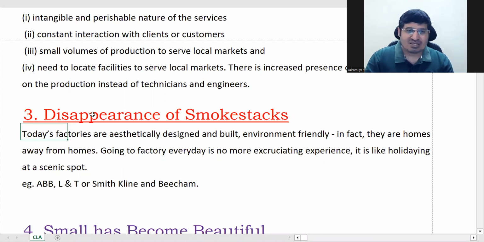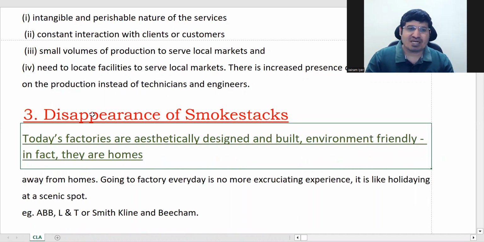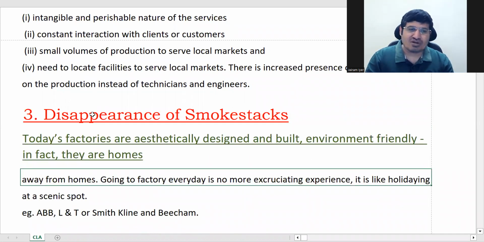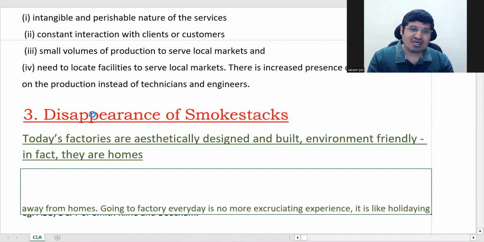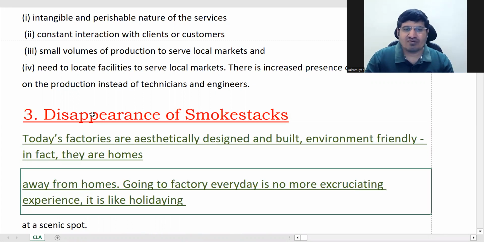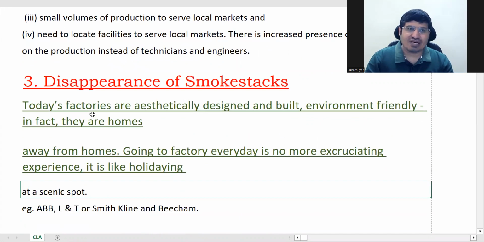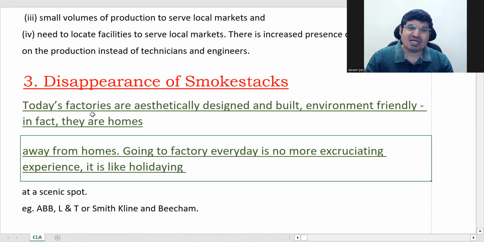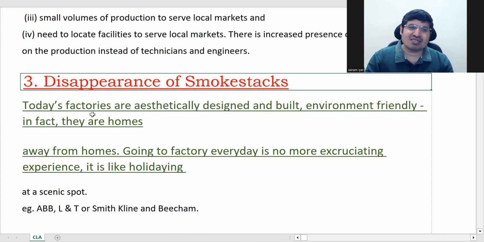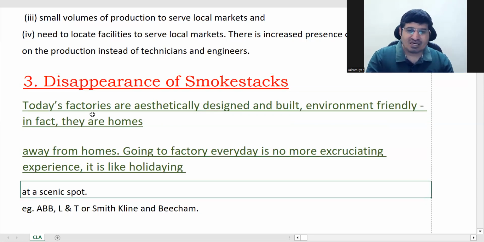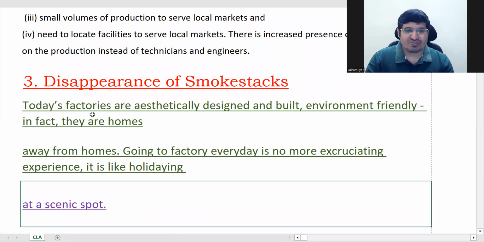They are aesthetically built, very nicely built. It's like a picnic spot. This is all just to attract more and more employees, and they also give good facilities like schooling and all that. So the trend nowadays is that your factory, from the outside, should look very good, aesthetic. It becomes a scenic spot.